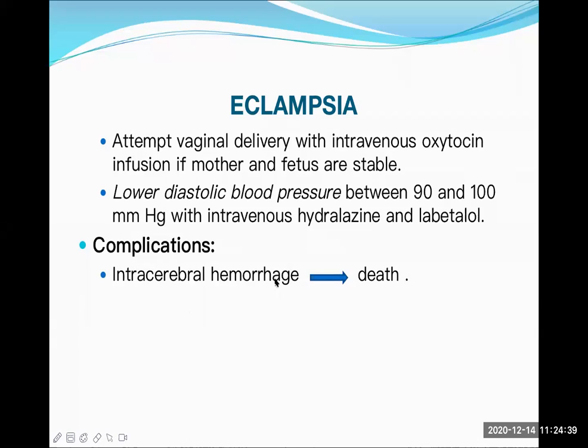So if the blood pressure is very high, we need to decrease it to a certain level. We don't keep it so high that there is a chance of rupture of a blood vessel, which can lead to hemorrhagic stroke, and because of a lot of complications inside the cranial cavity, she may die. So these are the complications.